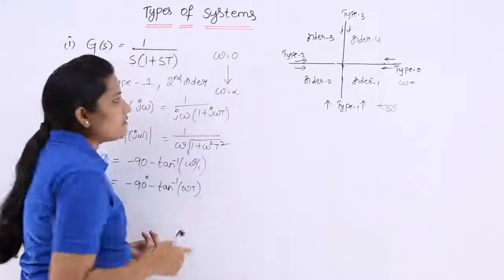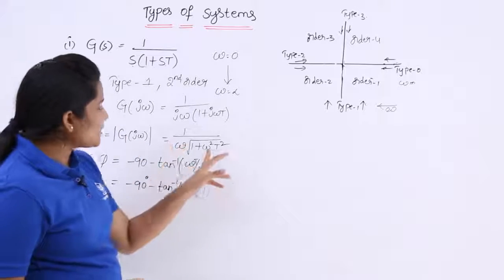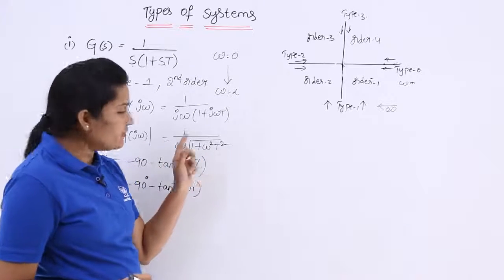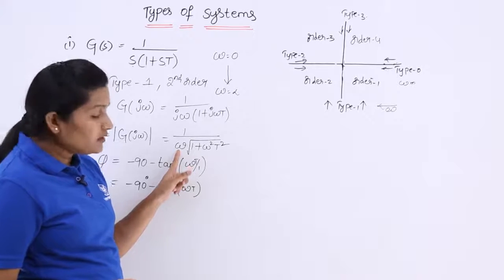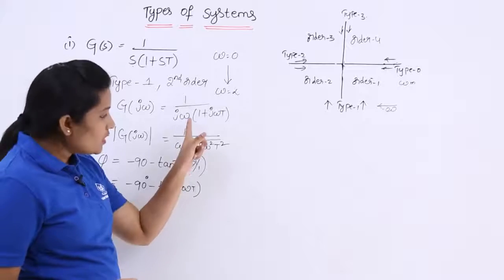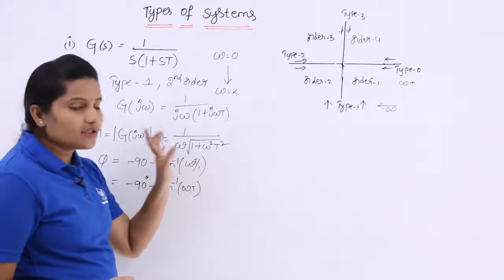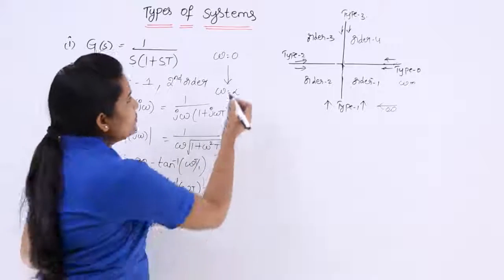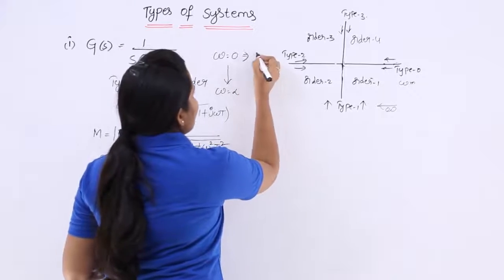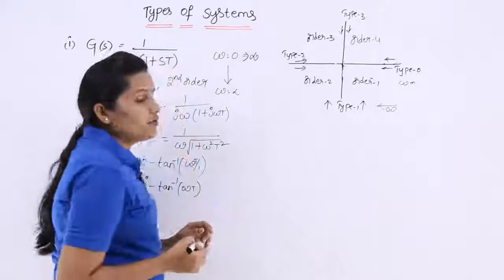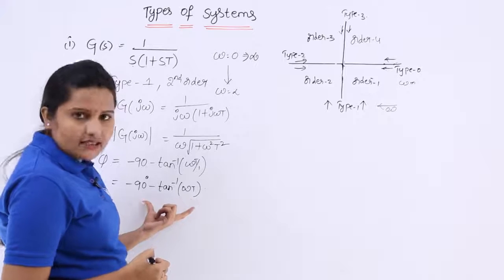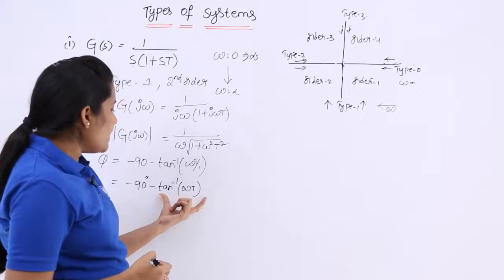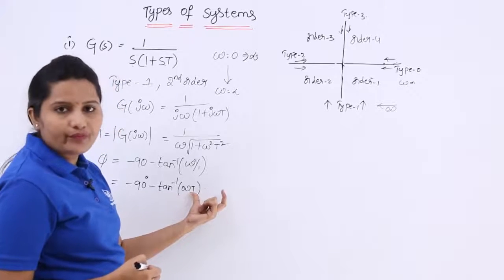First, at omega equal to 0, what about the magnitude? If you substitute omega equal to 0, what do you get? 1 by 0 into anything is 0, and 1 by 0 is equivalent to infinity. So at omega equal to 0, your magnitude is infinity, with phase minus 90 minus tan inverse 0.